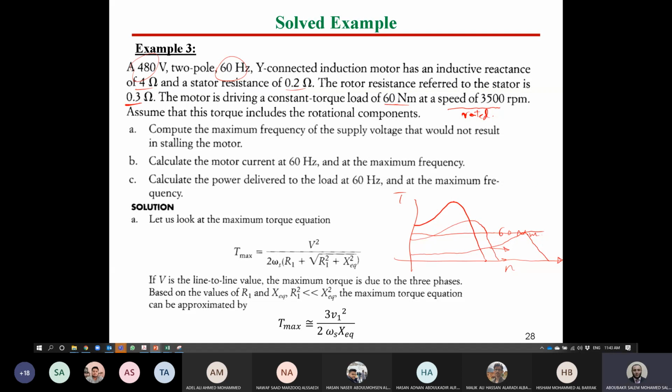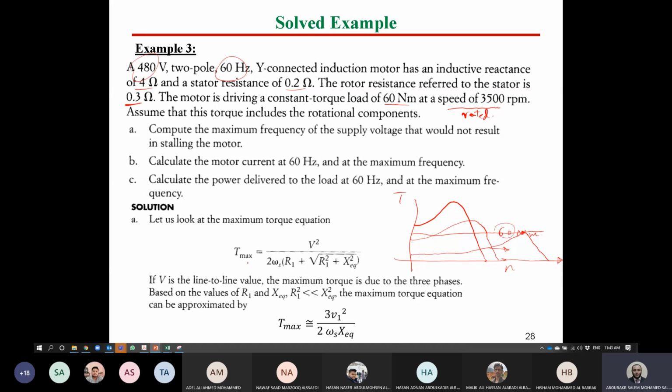So now we need to calculate the frequency that will make the machine stall. Why do we need to calculate this frequency? In order to avoid increasing the frequency over this value, to keep this load working safely. How can we do that? Simply, we find the value of frequency at which T maximum equals the load torque, 60.